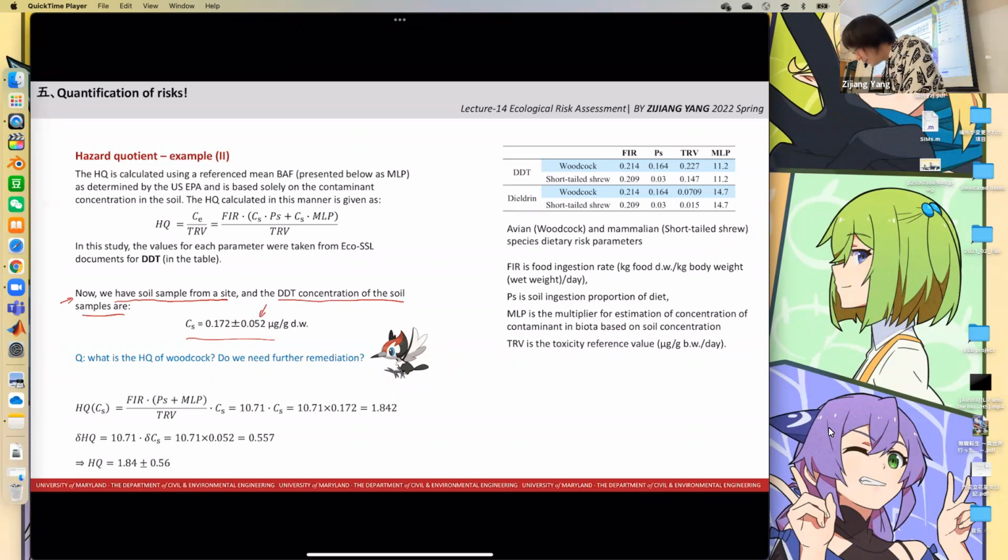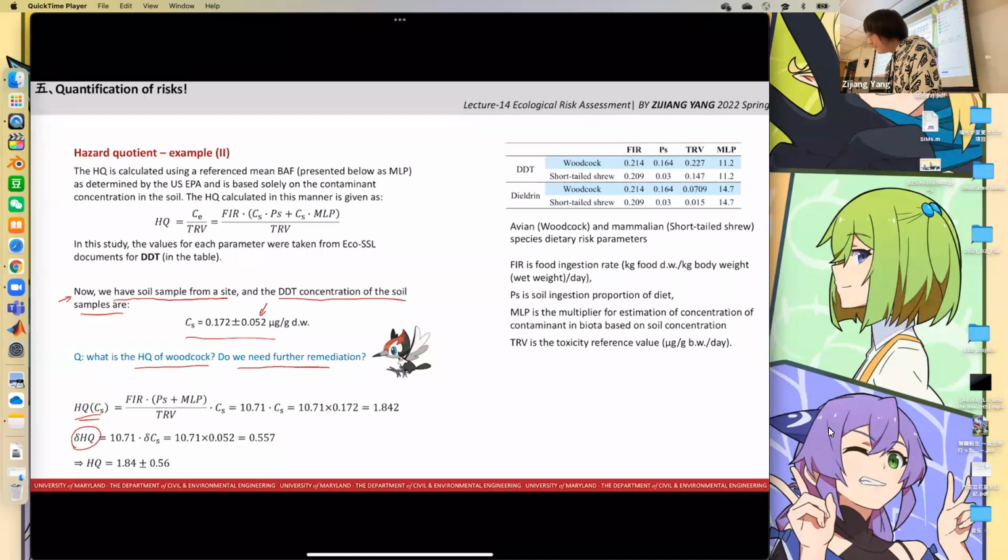And then we have the same question. What is the HQ of woodcock, and do we need further remediation? In this case, again, we want to calculate the HQ, but here we also have some uncertainties. So we are also calculating the uncertainty, in this case the standard deviation of HQ.